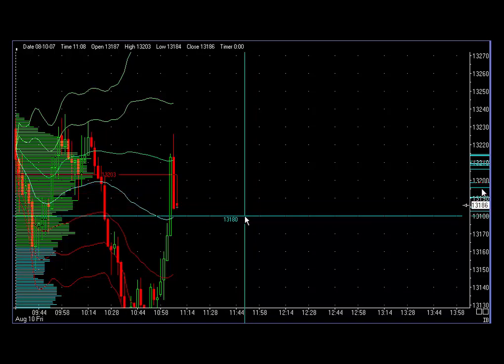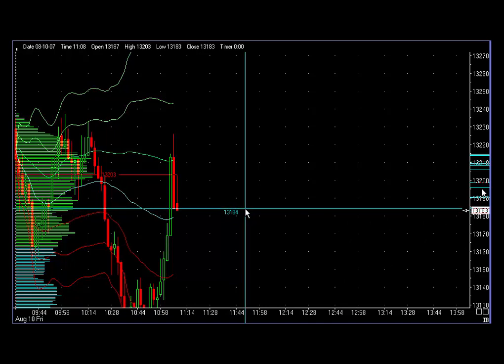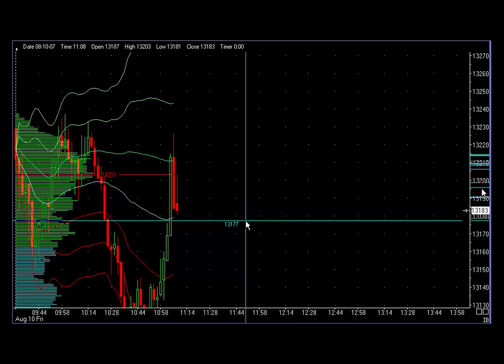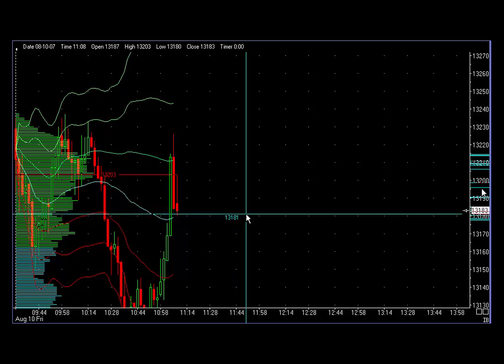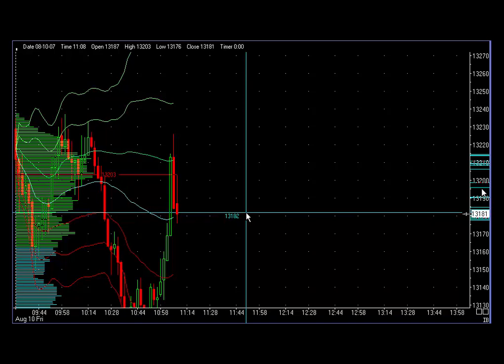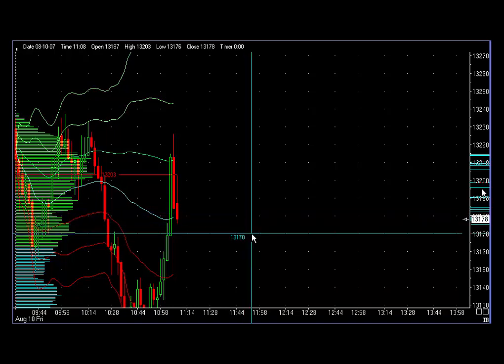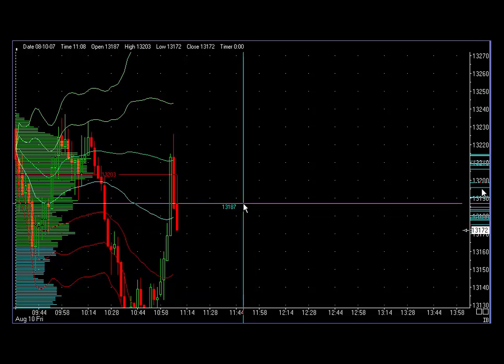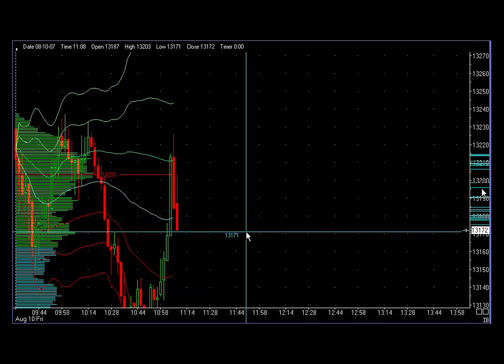Okay, so price moved almost down to the VWAP. Let's see if it touches here. Yeah, touched. So if you were a scalper, you might go long here. The price is still moving down. Okay, that's the danger of scalping.